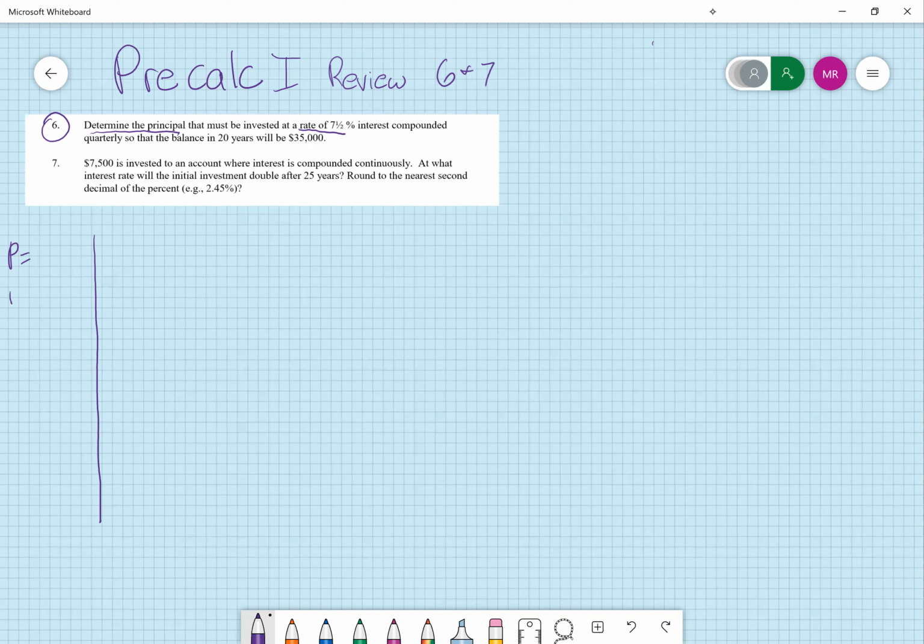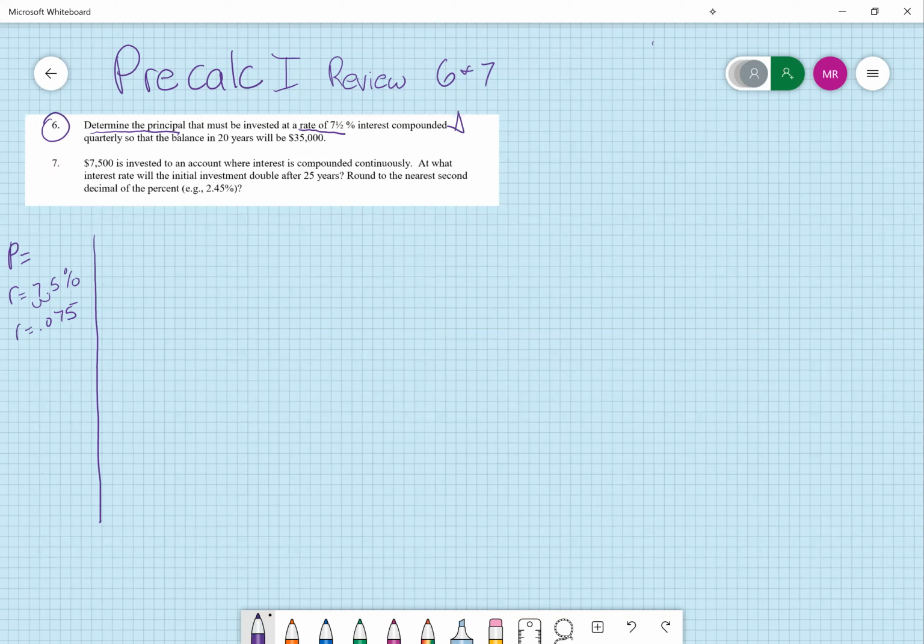So I know that my rate is 7.5%, but I need that in decimals, so I'm going to move the decimal place over. R equals 0.075.